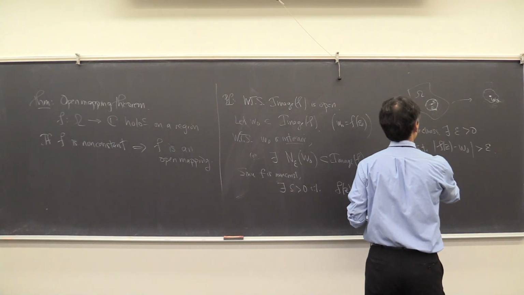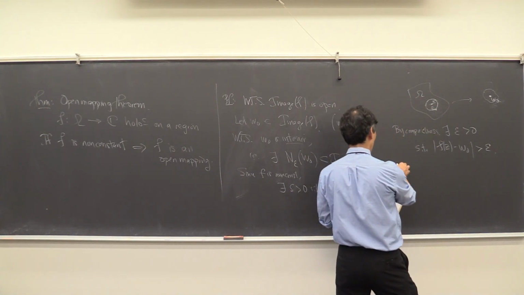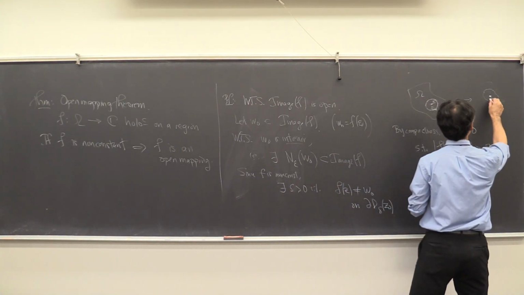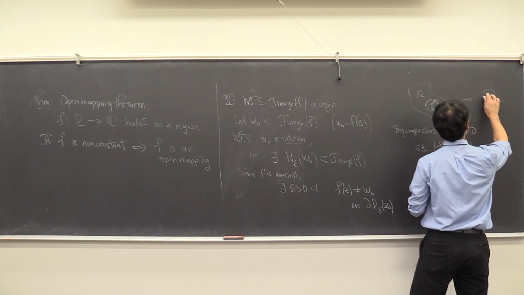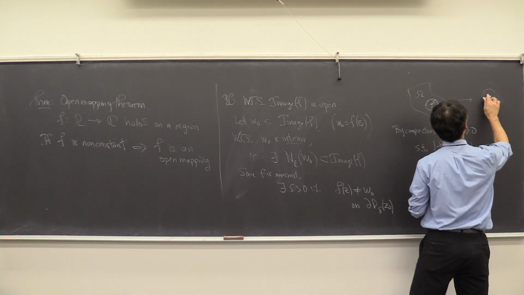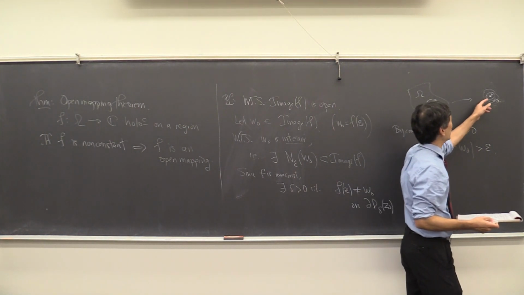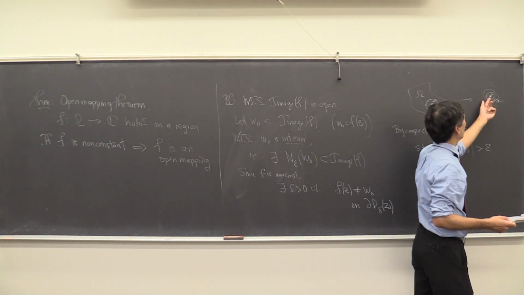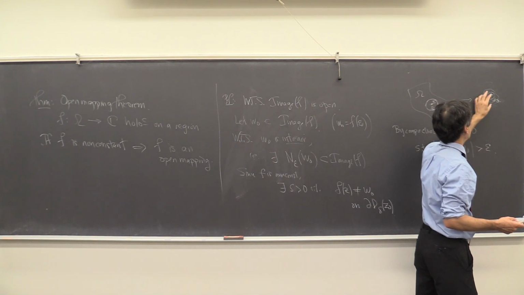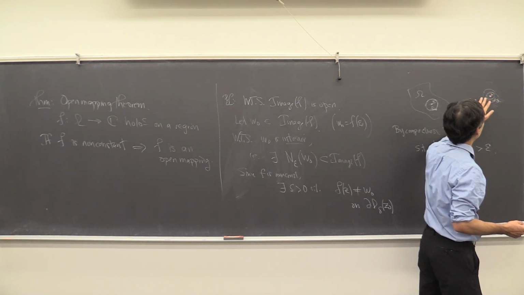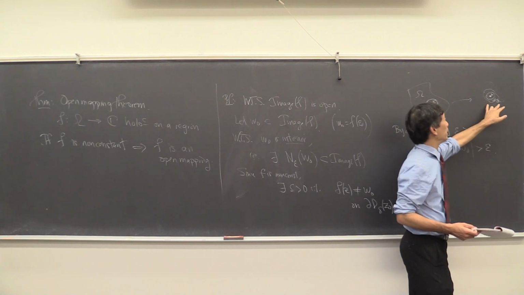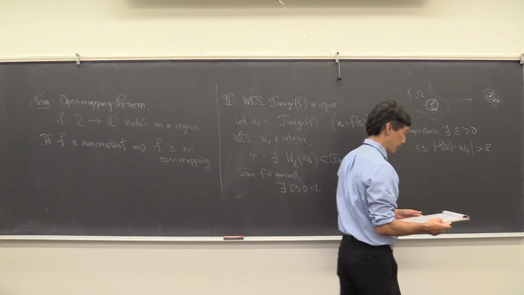Okay. So what's the point? The point is that we can take a circle of radius epsilon here, so that it just barely intersects the image.